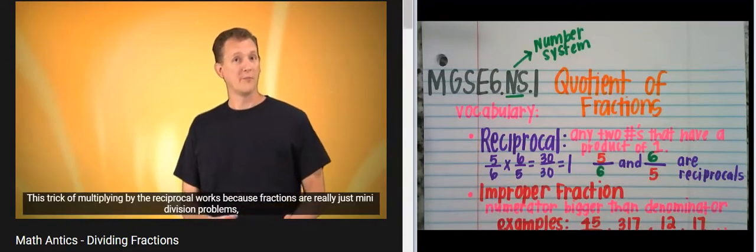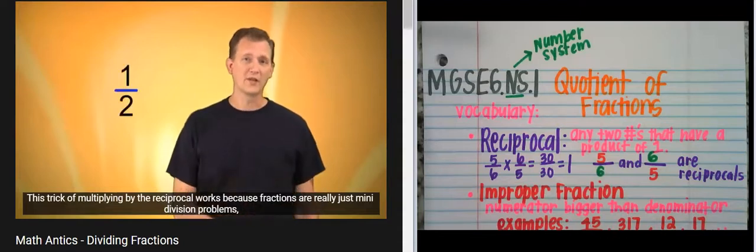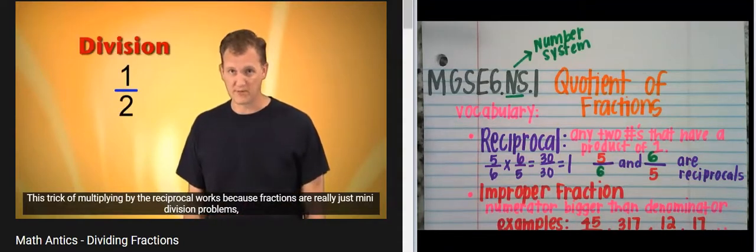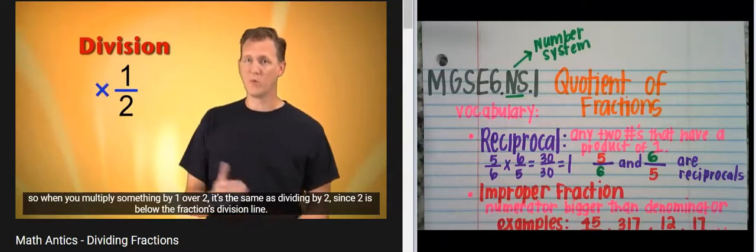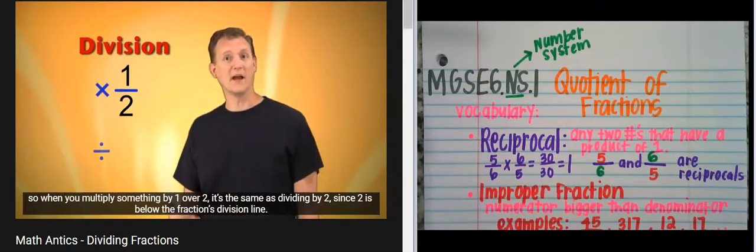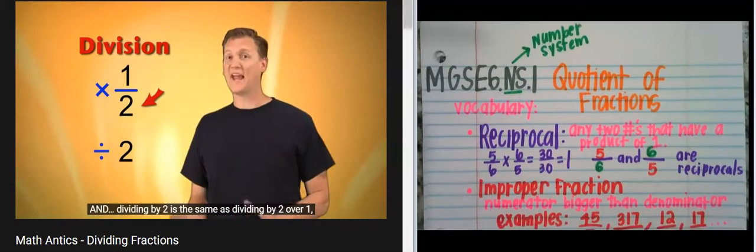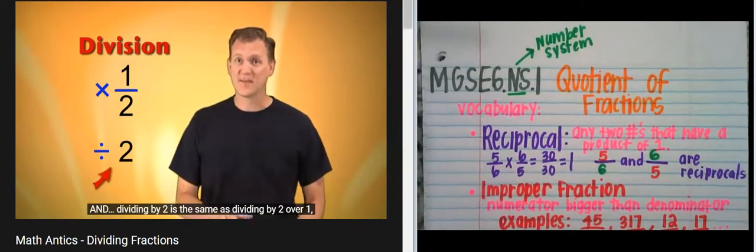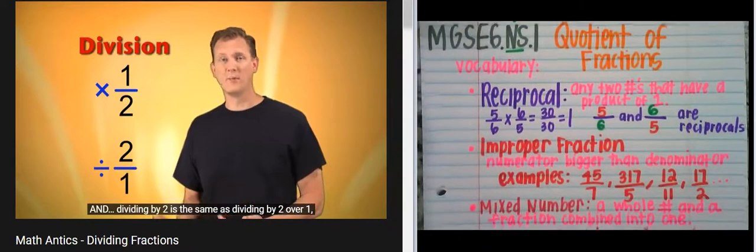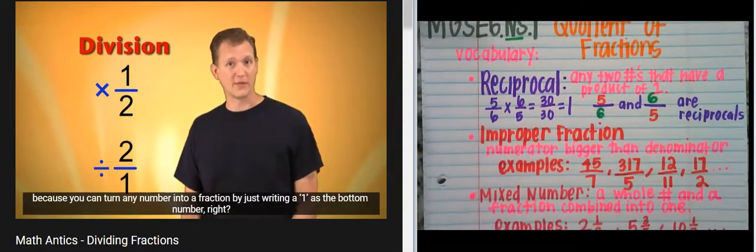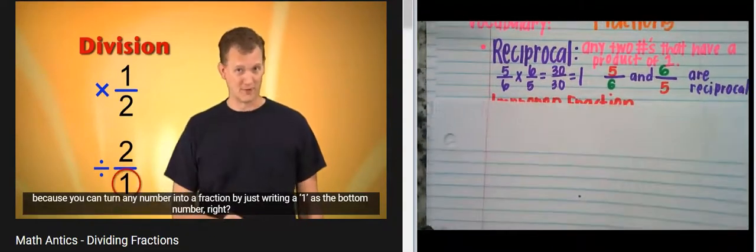This trick of multiplying by the reciprocal works because fractions are really just mini division problems. So when you multiply something by 1 over 2, it's the same as dividing by 2 since 2 is below the fraction's division line. And dividing by 2 is the same as dividing by 2 over 1 because you can turn any number into a fraction by just writing a 1 as the bottom number, right?